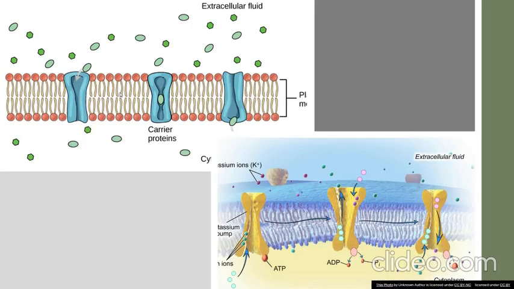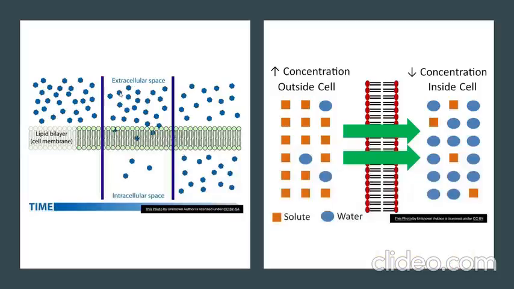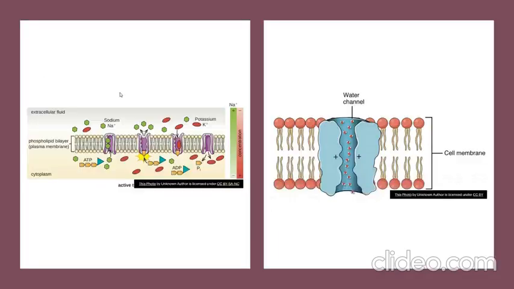In simple diffusion, the molecules cross the lipid barrier; gases such as carbon dioxide and oxygen pass through it freely. In facilitated diffusion, the passage of molecules depends on the presence of integral proteins in the membrane that allow this passage. These proteins can form channels or transport complexes.